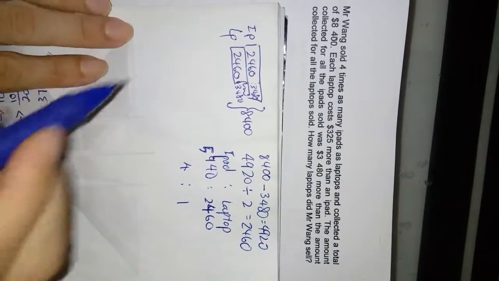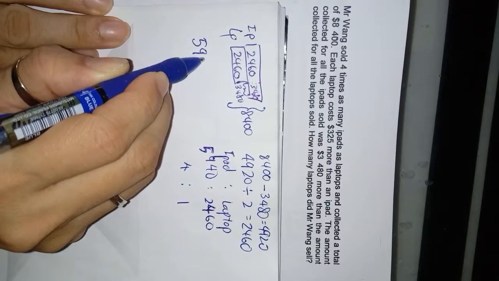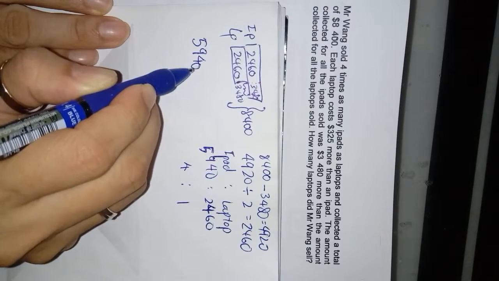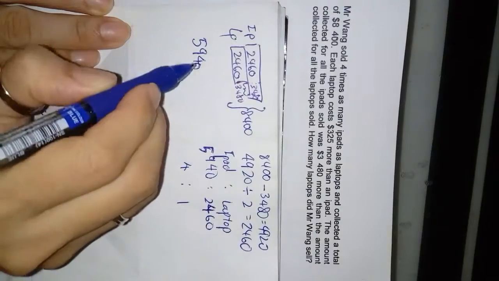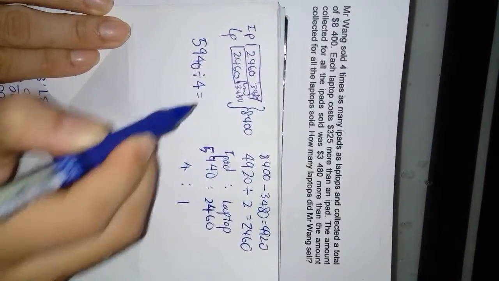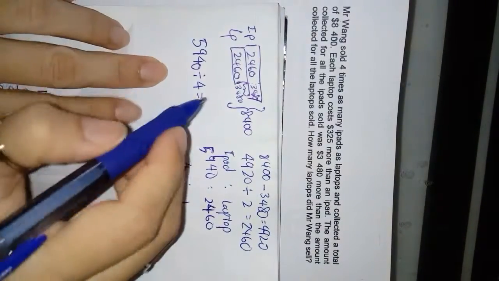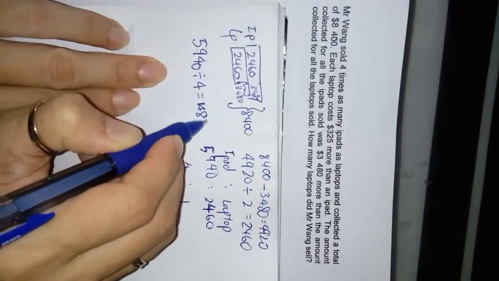That is how the person derived 5,940. Now, what you can do, you can divide by 4. Did you realize that you get 1,485?